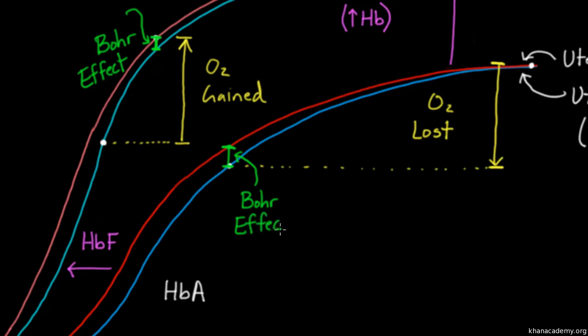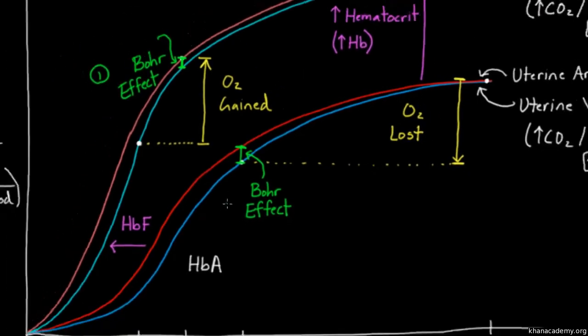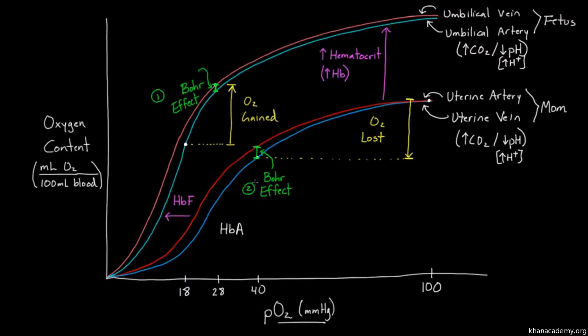And because this is all happening in the placenta, we call this the double Bohr effect. This is one part of it, and this is another part of it. So if you've ever heard the term the double Bohr effect, this is what it's referring to, the idea that you actually have 4 lines, like I've drawn here, happening in the placenta at the same time, and there are 2 Bohr effects that are actually quite distinct from one another.